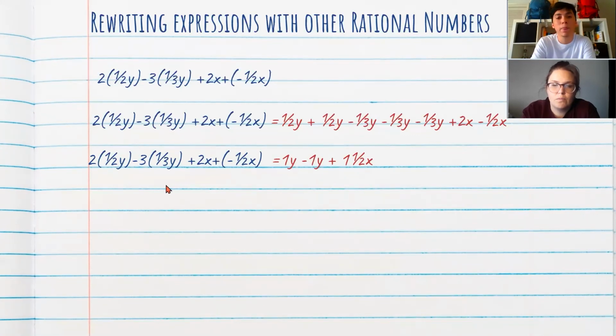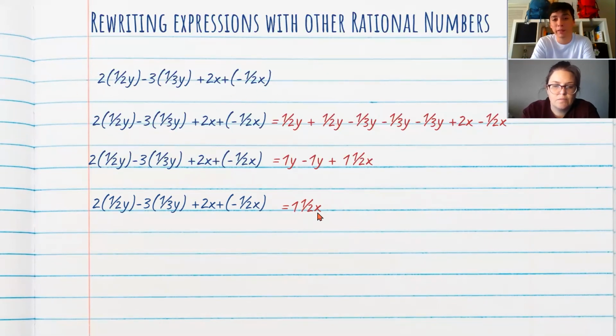That would be not completely simplified just yet. Here you would combine like terms again. 1y minus 1y would be 0y. And then you bring down the 1.5x and you're just left with 1.5x. That's a simplified expression. So that's what you should have gotten when you're simplifying all of this.